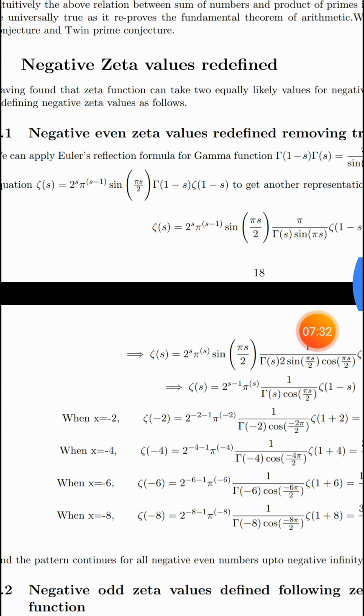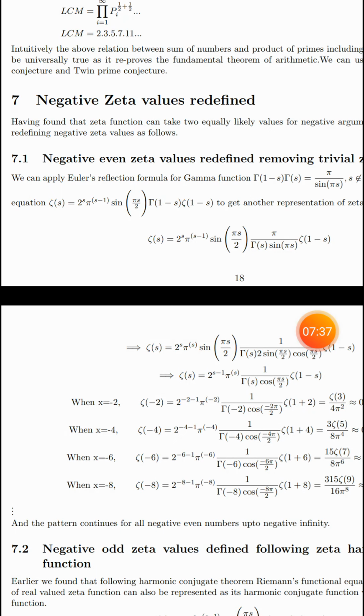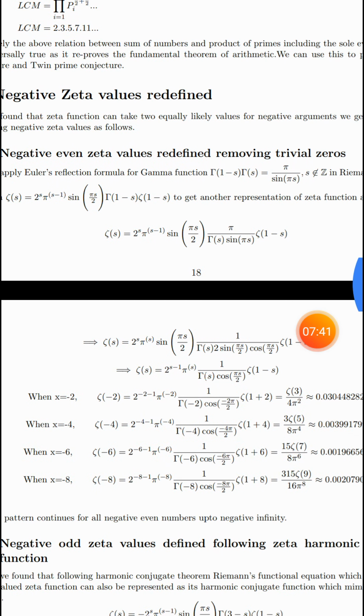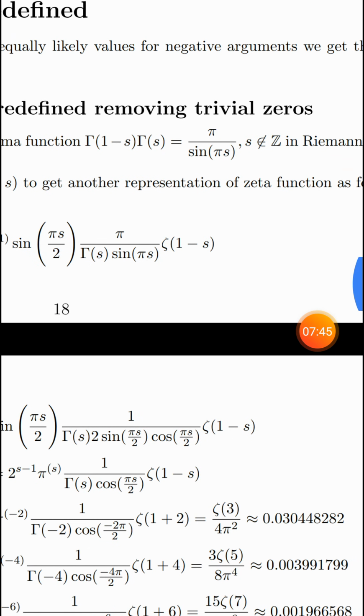Now the redefinition part. First we will try to remove the poles, and remove the trivial zeros, using this representation of the gamma function: Gamma of 1 minus s multiplied by gamma of s is equal to pi by sine pi s.